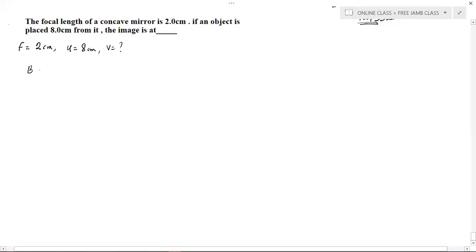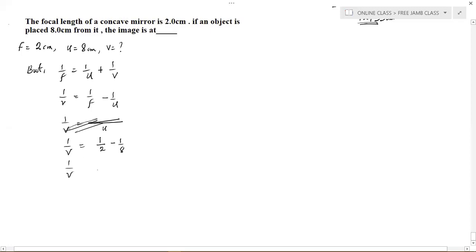But all we know is that 1 over F equals 1 over U plus 1 over V. 1 over V is equal to 1 over F minus 1 over U. That is, 1 over V equals 1 all over 2 minus 1 all over 8. 1 over V is equal to 4 minus 1 over 8. 1 over V equals 3 over 8.